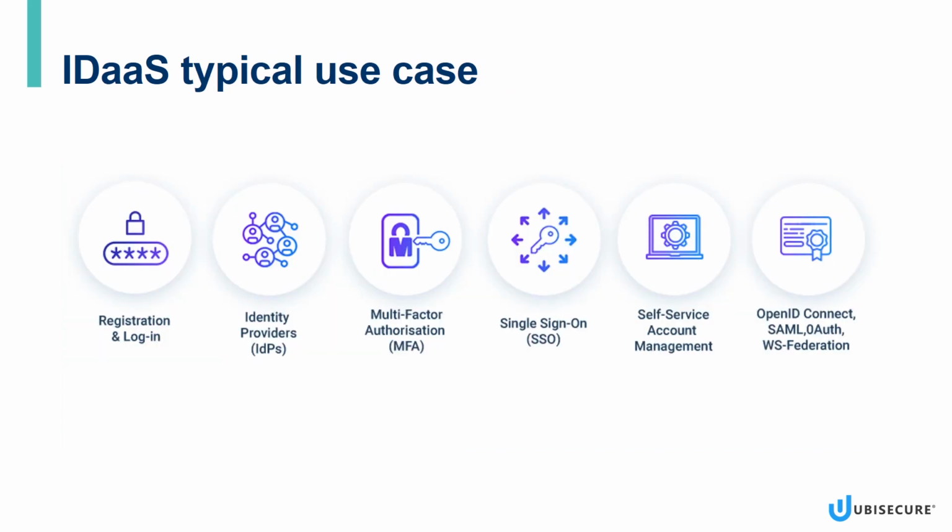IDaaS typically includes essential standardized identity capabilities, the capabilities that form the basis of identity management success. So the ones you see there are the core features that a typical IDaaS use case provides from Ubisecure's perspective. First of all, registration and login, already mentioned before.